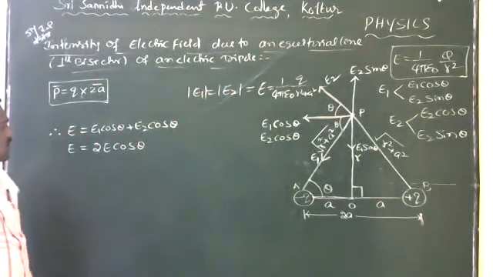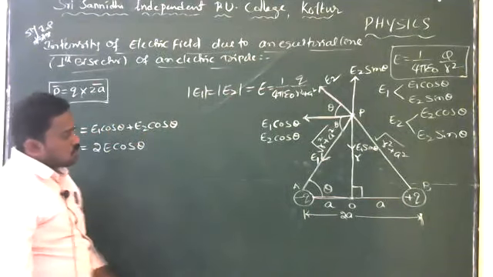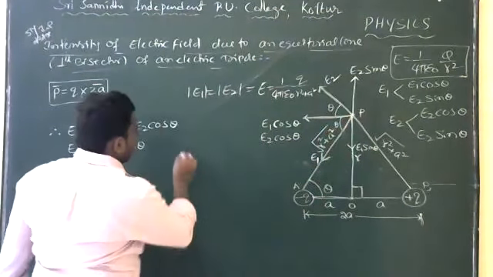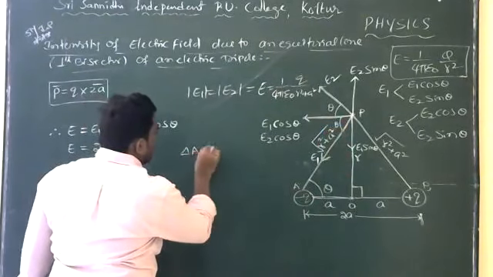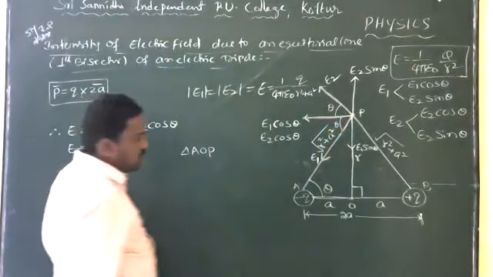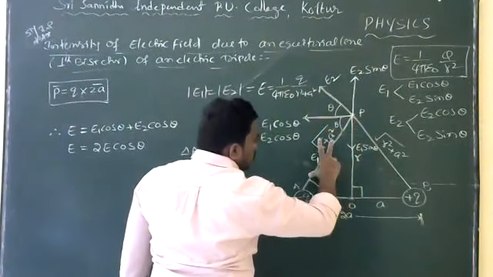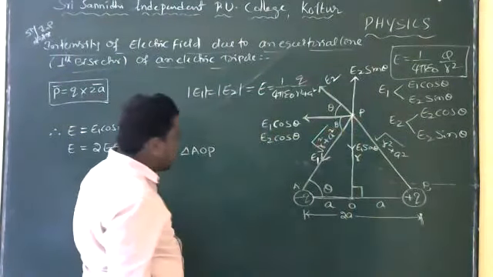Now calculate the cos theta value by using the right angle triangle AOP. Here the sides are R, A, and the hypotenuse square root of R square plus A square.